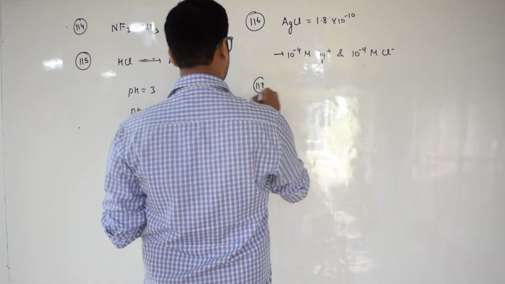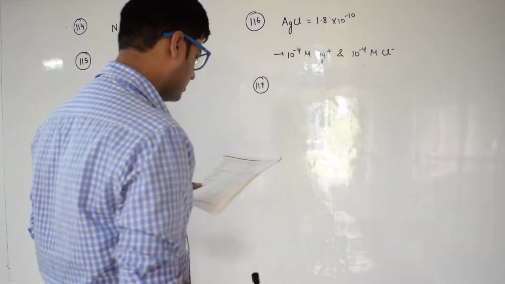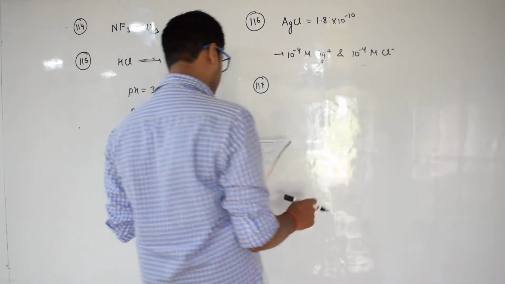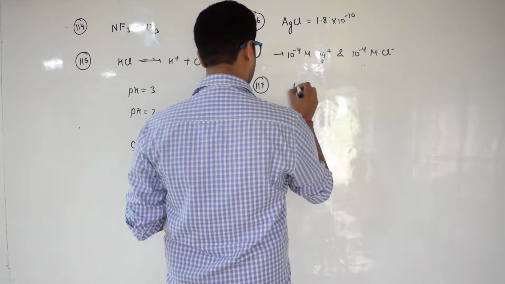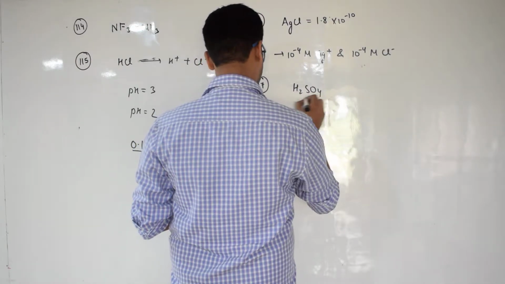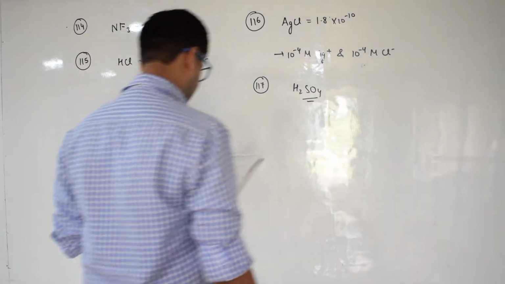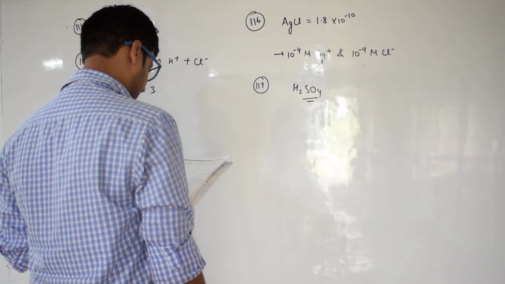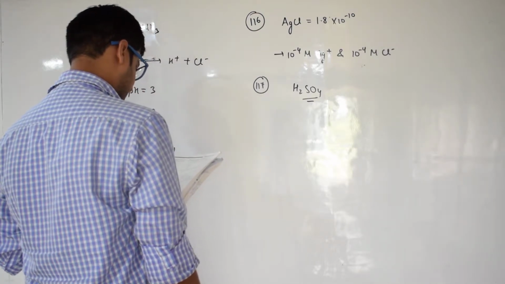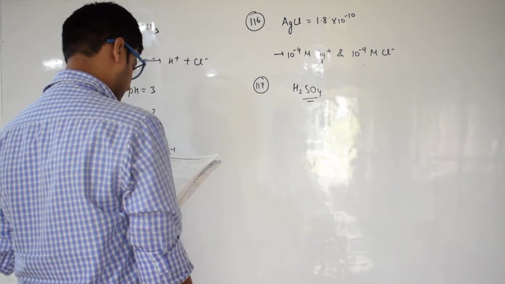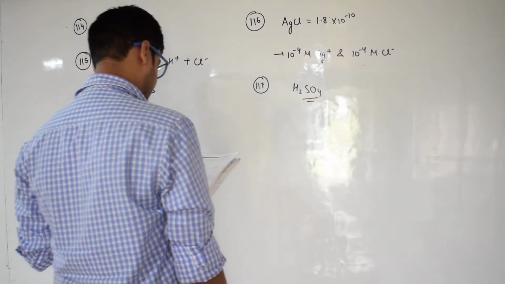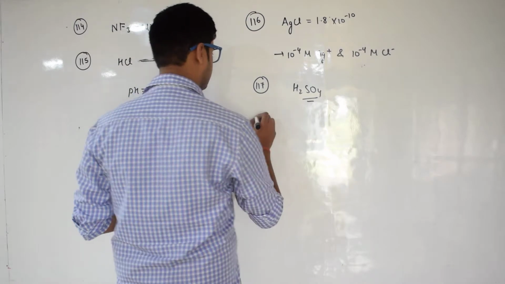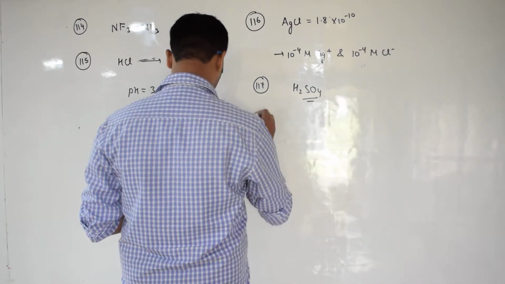Question number 117. Which can be used to separate fluoride ion from a solution of fluoride and chloride in solution? That is H2SO4. Question number 118.